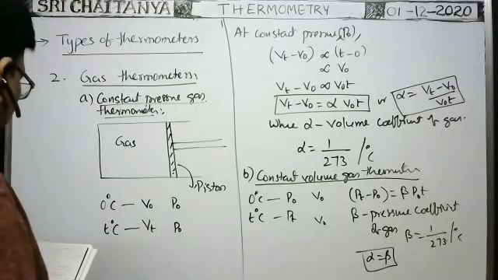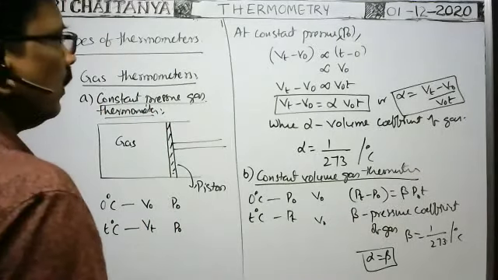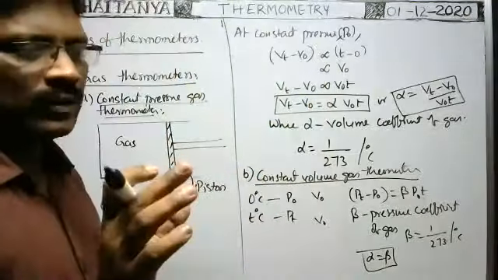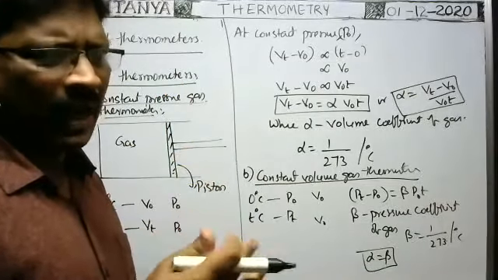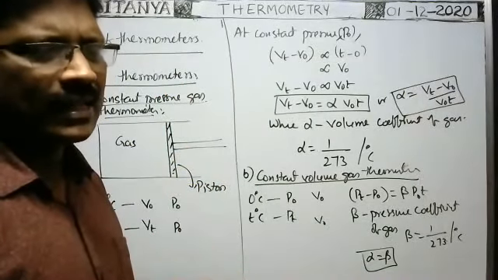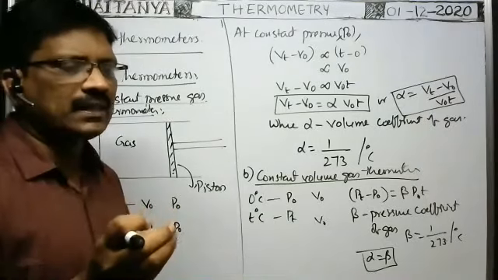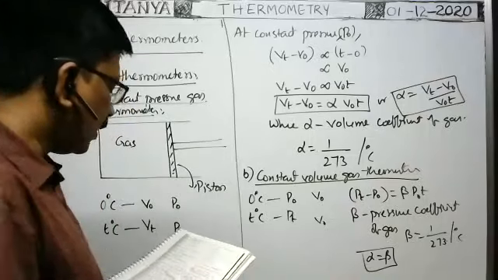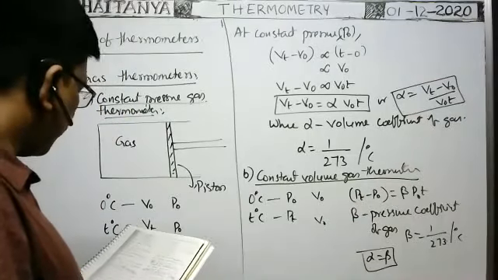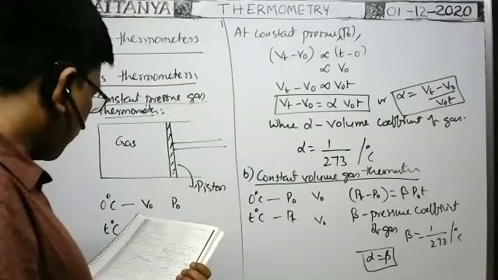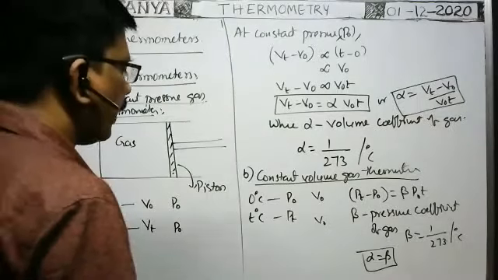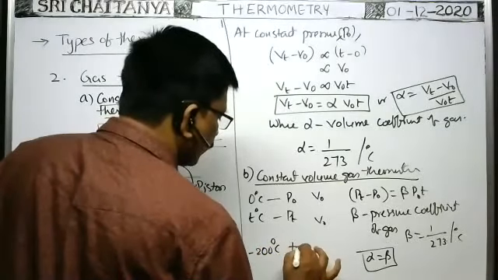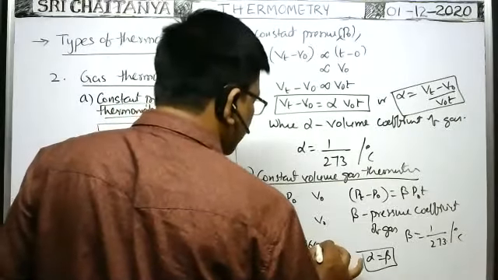Hydrogen is preferable because it has more expansion for a small rise of temperature, because of the attraction forces among the hydrogen atoms, hydrogen gas almost acts as an ideal gas. That's why even for a small rise of temperature, the expansion will be more. With the help of gas thermometers, we can measure temperatures from minus 200 degrees centigrade to 1600 degrees centigrade.